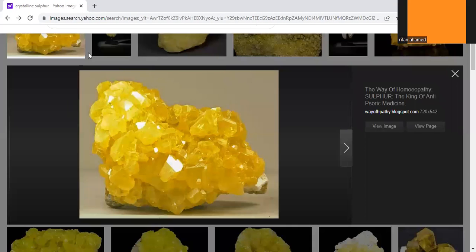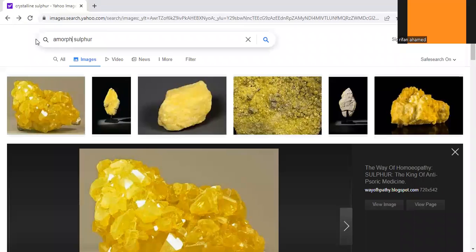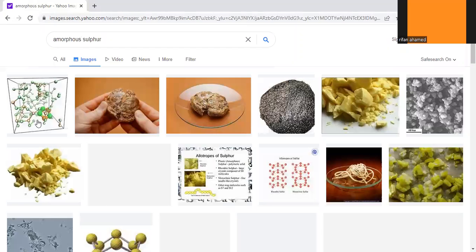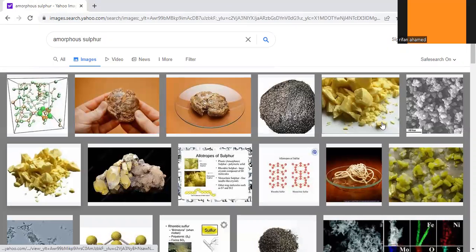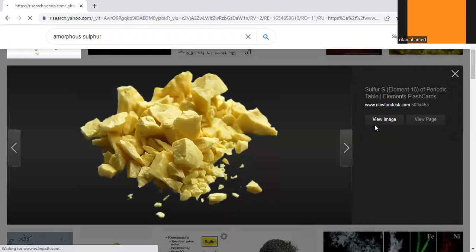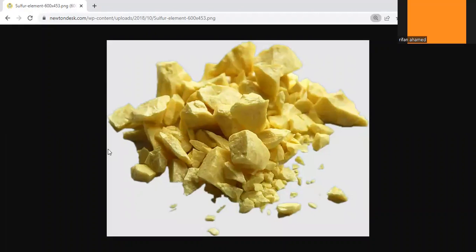On the other hand, another type of sulphur that exists in nature is called amorphous sulphur. This is that sulphur. Its color is not that shiny.